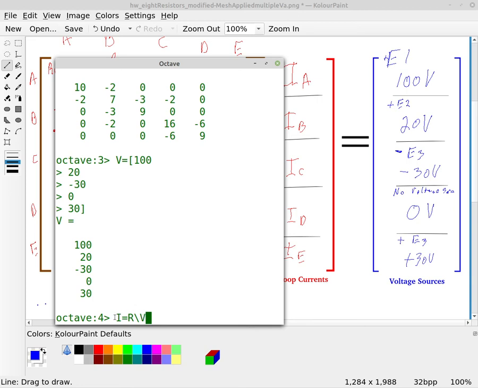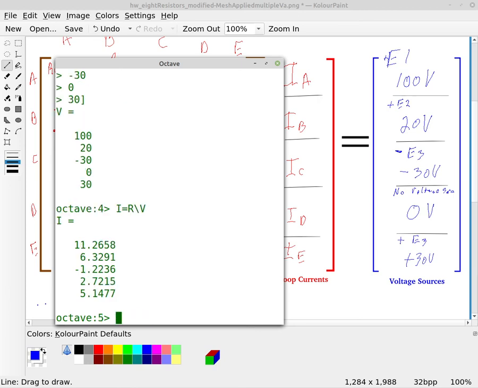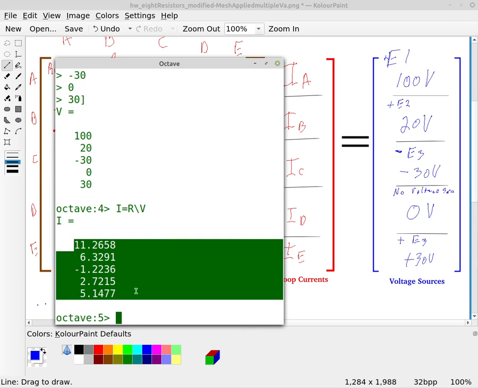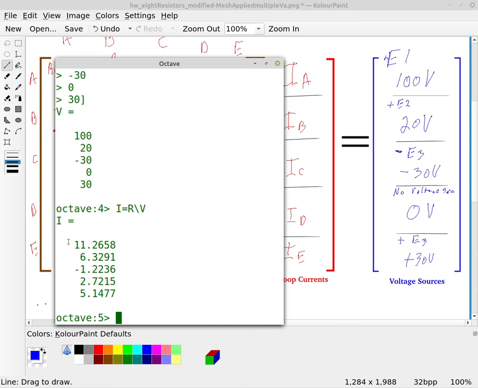So it's I equals R backslash V. And that gives us our loop currents. Now remember, these loop currents are in milliamperes. And so we have the first one here, 11.2658 with 6 significant digits. That's just the way the Octave software does it.